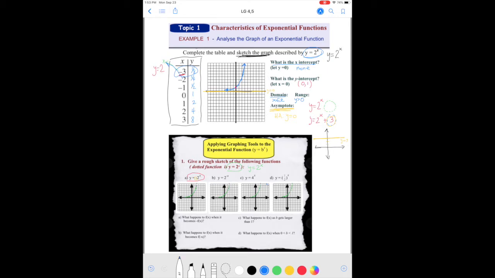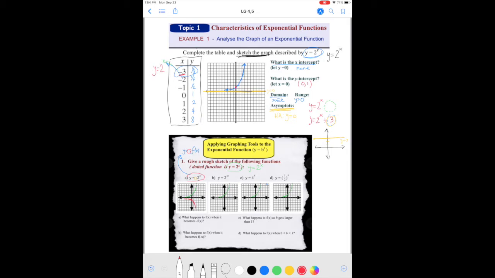Going back to previous learning guides, when we had y equals negative f of x, you recall that if there's a negative in front, it is a reflection on the x-axis. So this one would look like that.